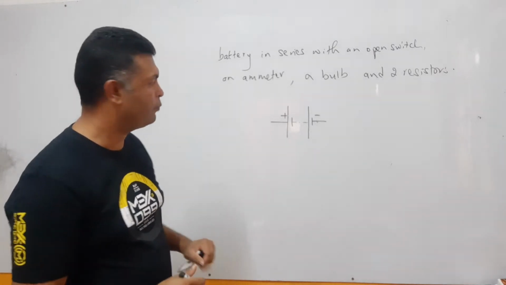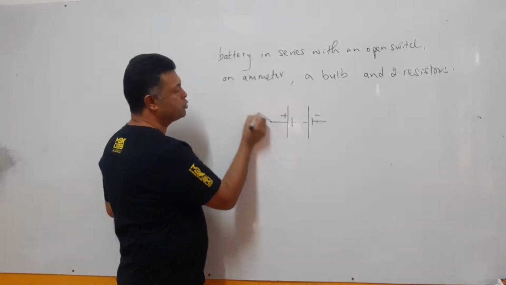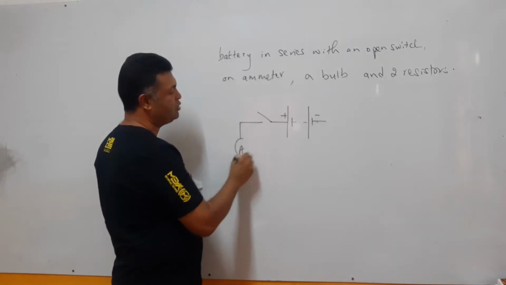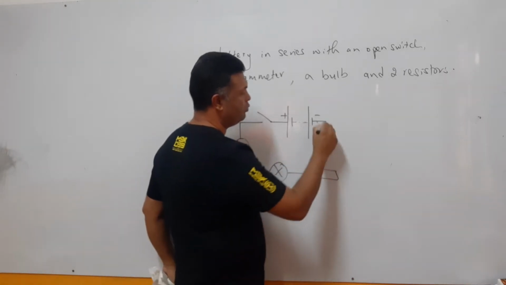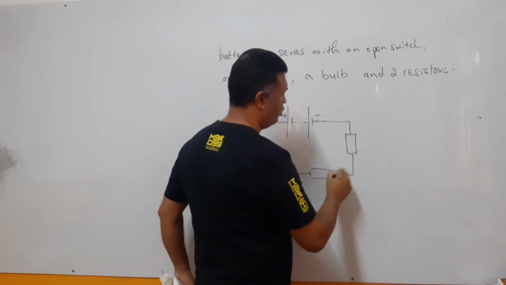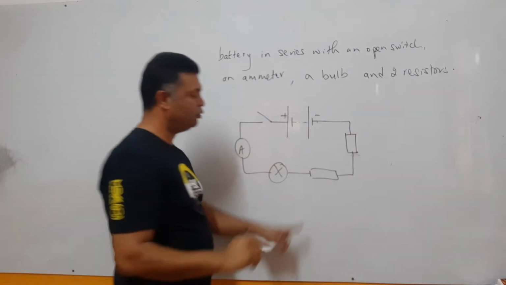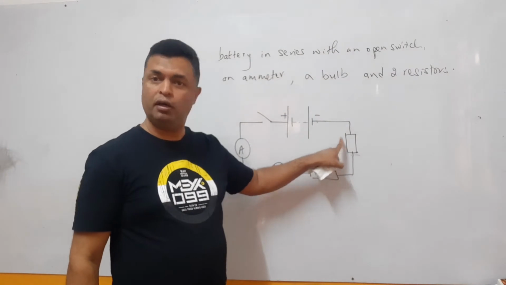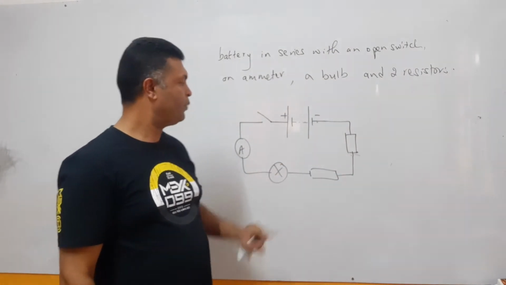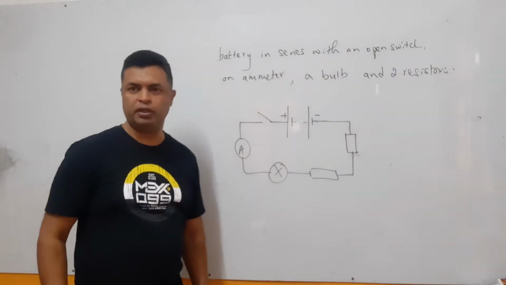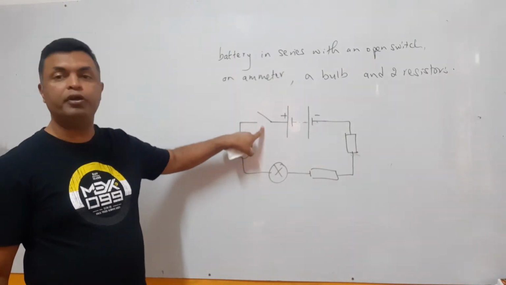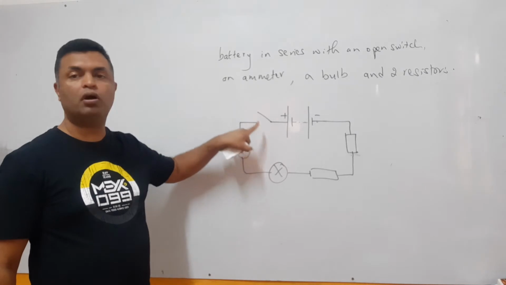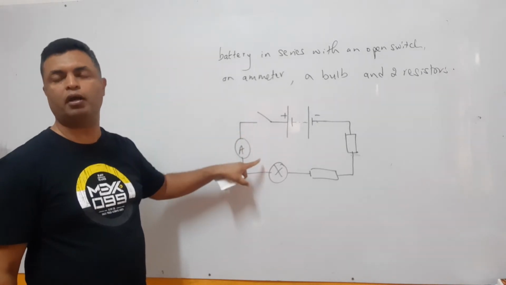to form the battery. Then you have an open switch, an ammeter, a bulb, and two resistors, all in series. You can see one resistor here, one resistor here. They are still in series. All these are connected in series. Now, since the switch is open here, no current will flow in the circuit.